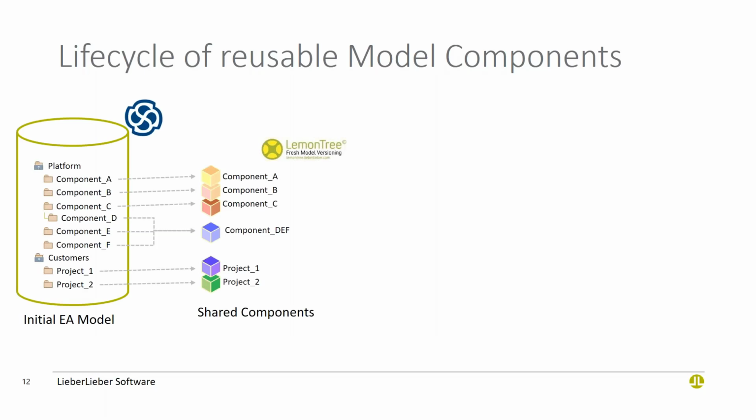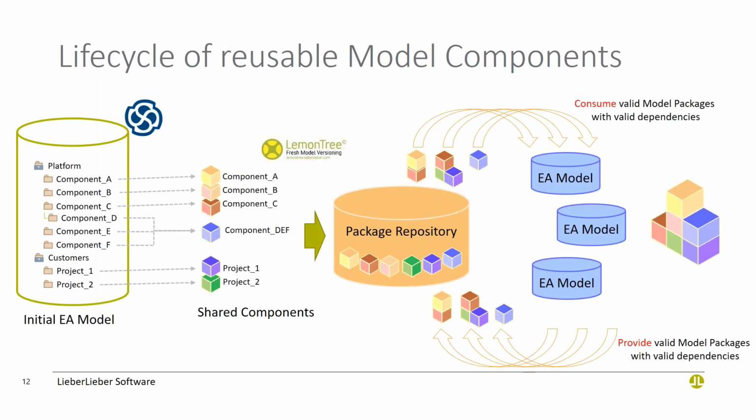The life cycle of the reusable model components is basically independent of the main model. What you see on the left side is the initial Enterprise Architect model, where we can extract various components and store them in some sort of package repository. This can be a version control system. This can be a file system, whatever. This is not part of our core technology.